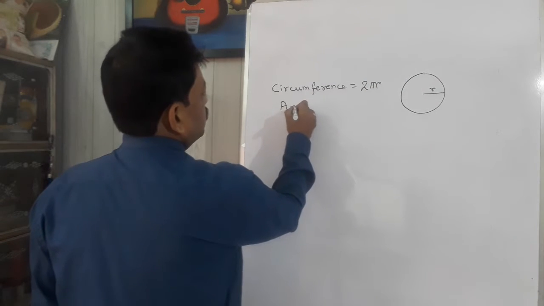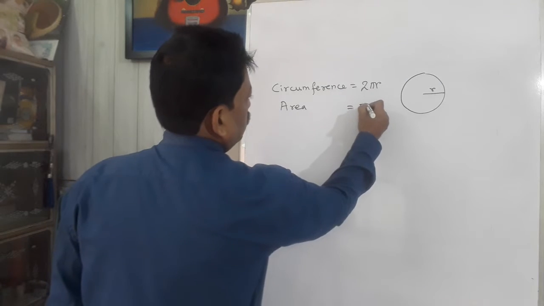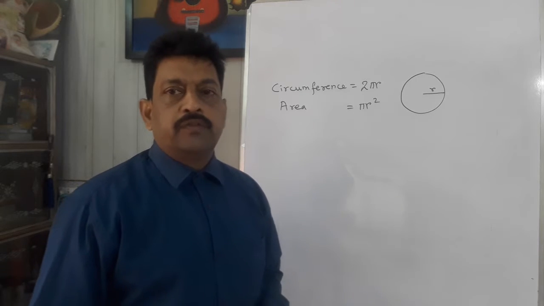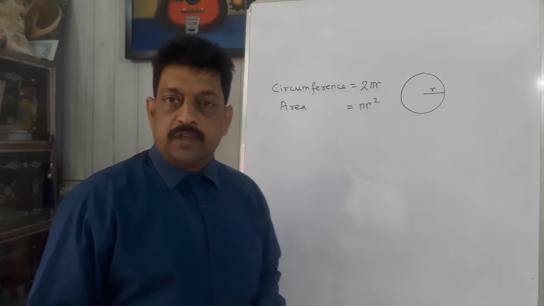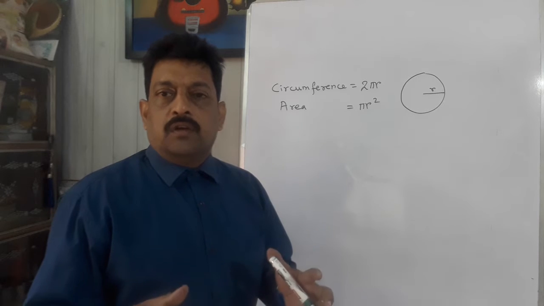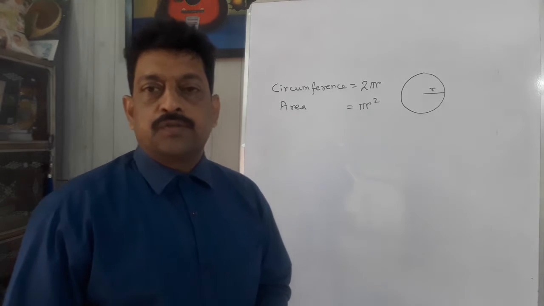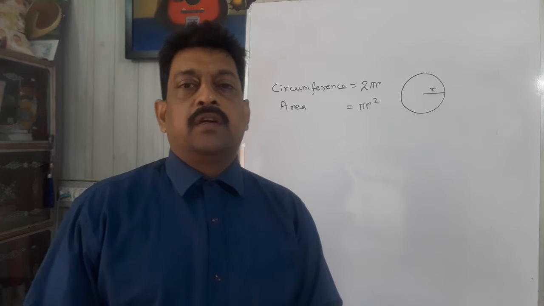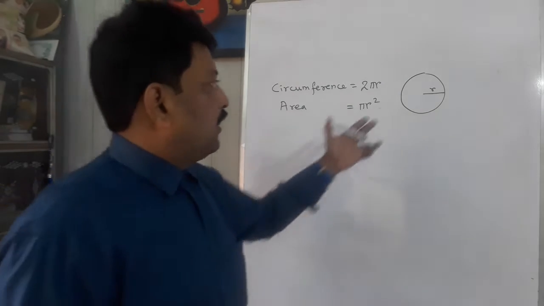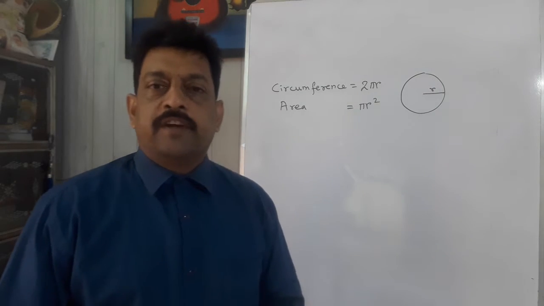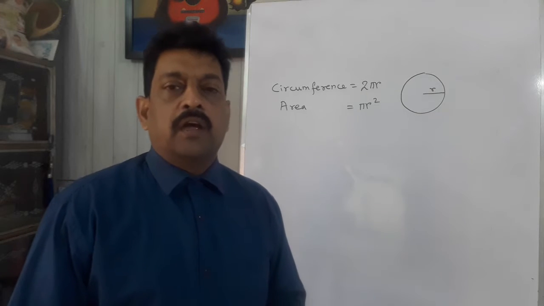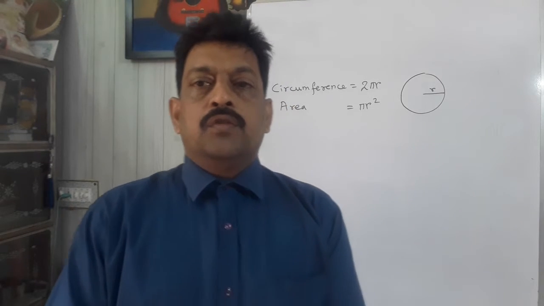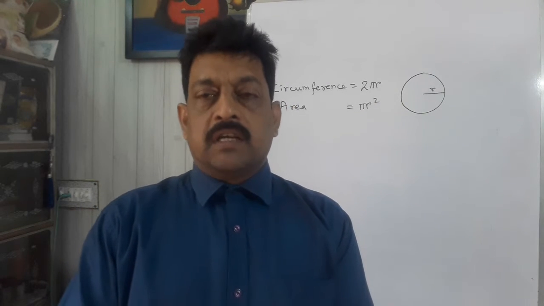Similarly, its area is given by the formula pi r square, where pi is a constant and the value of pi, you all know it very well. It is 22 upon 7 unless mentioned, or sometimes it is given as 3.14 also. So if nothing is mentioned about pi, you have to take 22 upon 7 as the value of pi. Okay, and radius will be given to you. Then you can easily find the circumference of the circle and the area of the circle. So this is about the two-dimensional figure, circle.